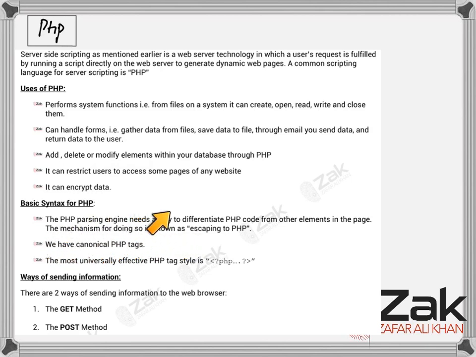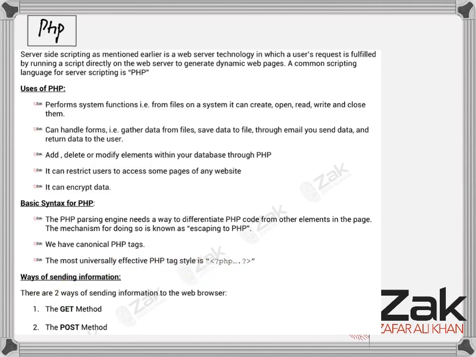All you have to do is just memorize these lines. We have canonical PHP tags. The most universally effective PHP tag is this: less than sign, then question mark, then php and all the code, and afterwards we close the code by having a question mark and greater than sign.